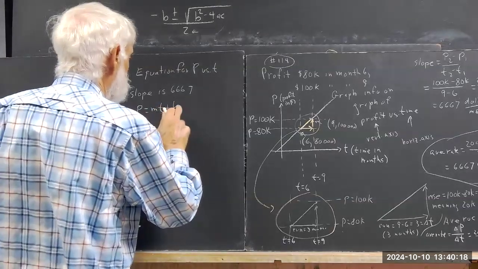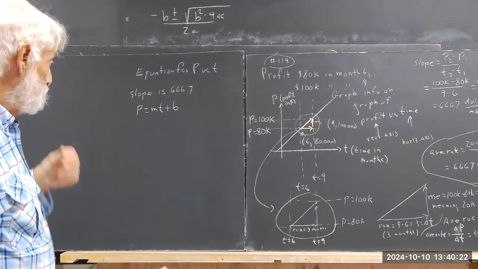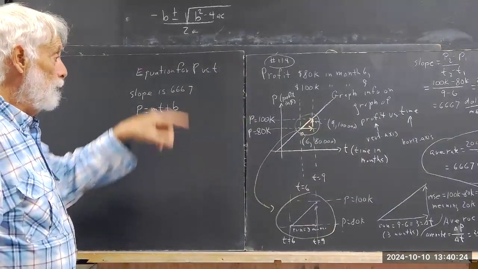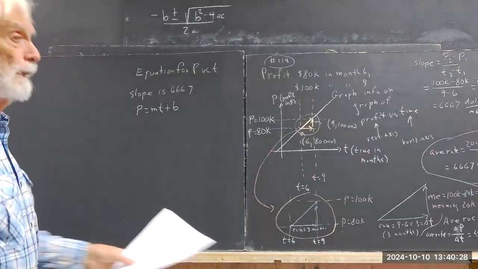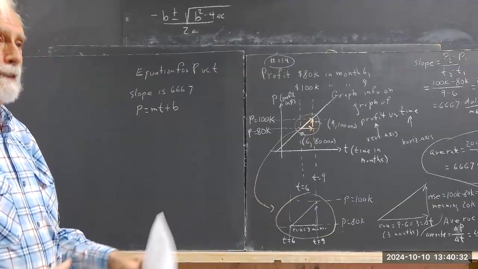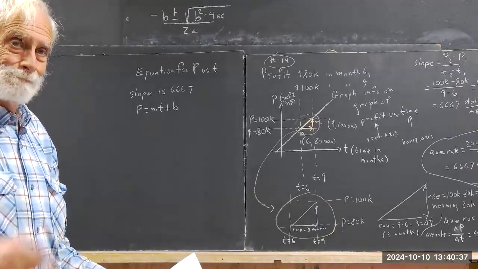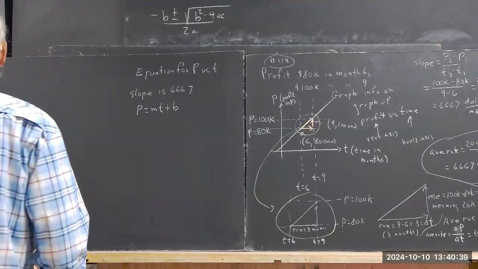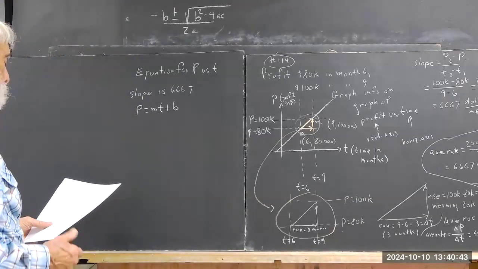If y equals mx plus b, that's your standard form. But instead of y, we're using p, and instead of x, we're using t. So mt plus b is a pretty common form because a lot of things are changing in time, and a lot of graphs have time as the independent variable. So p equals mt plus b.